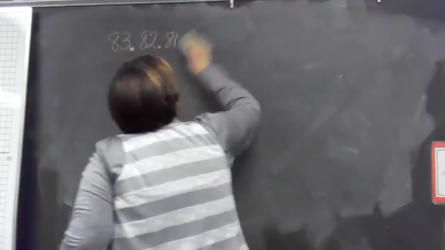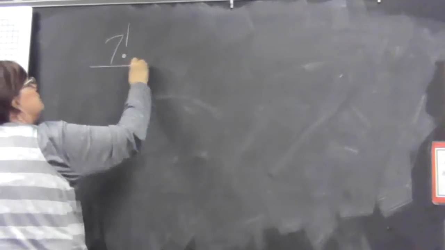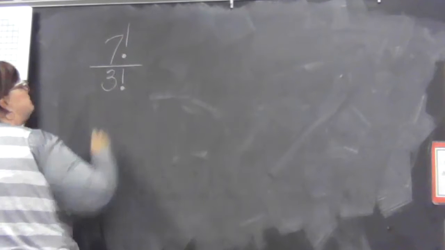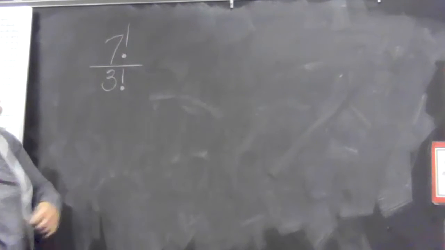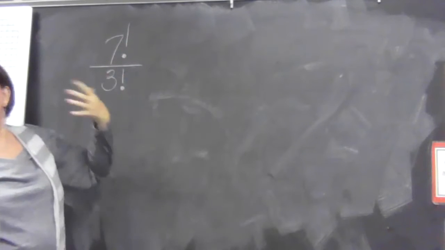So let me do this. What if you had a problem that said 7 factorial divided by 3 factorial? Well, you actually could do this in your calculator and get the answer.